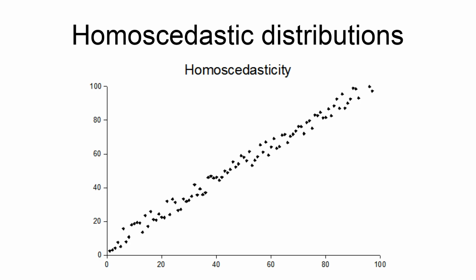Two or more normal distributions N(μ_i, Σ_i) are homoscedastic if they share a common covariance or correlation matrix, Σ_i = Σ_j, for all i, j.